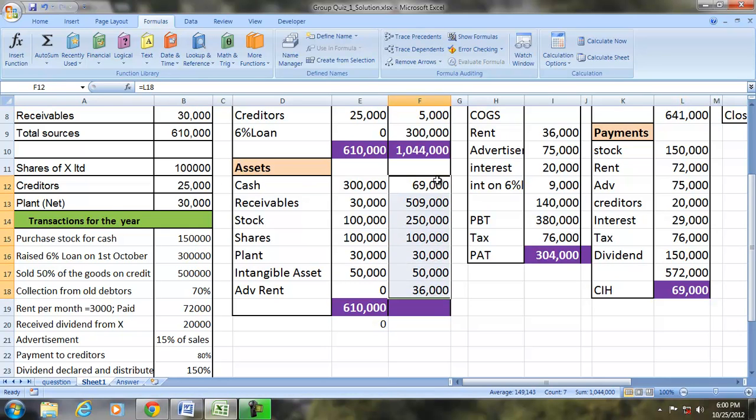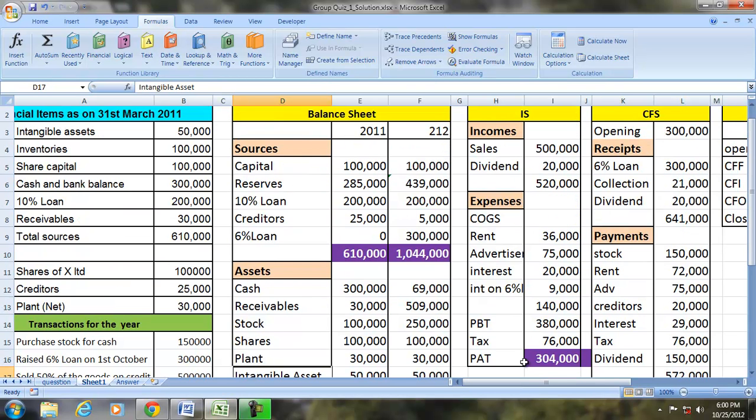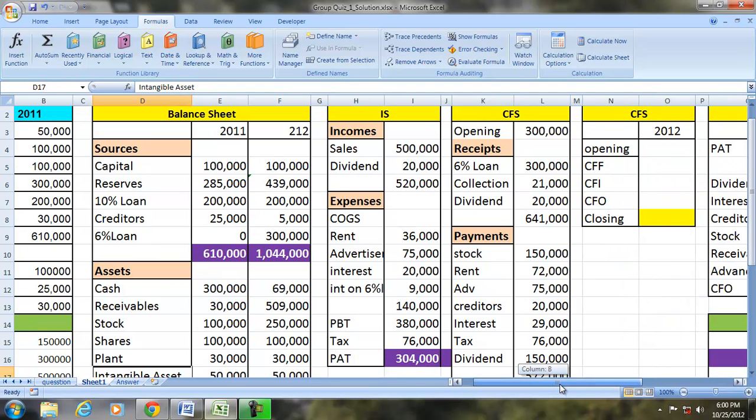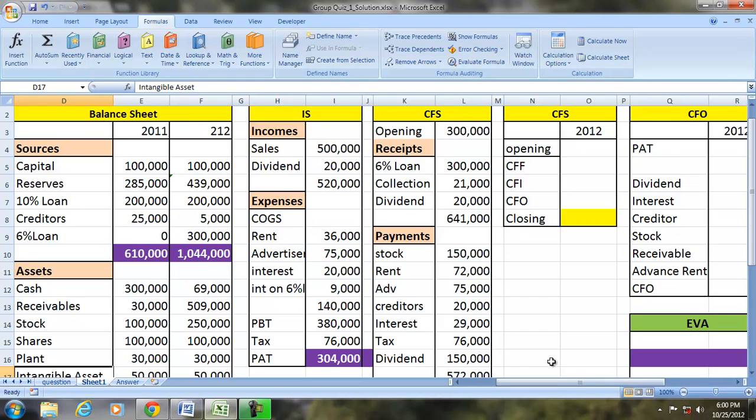So there is no depreciation or amortization given here, so we calculated the profit ignoring the depreciation and amortization. So the balance sheet, income statement, and cash flow statement are done. But this cash flow statement shows all receipts and payments. We would like to find cash from operation, cash from financing, and cash from investment.